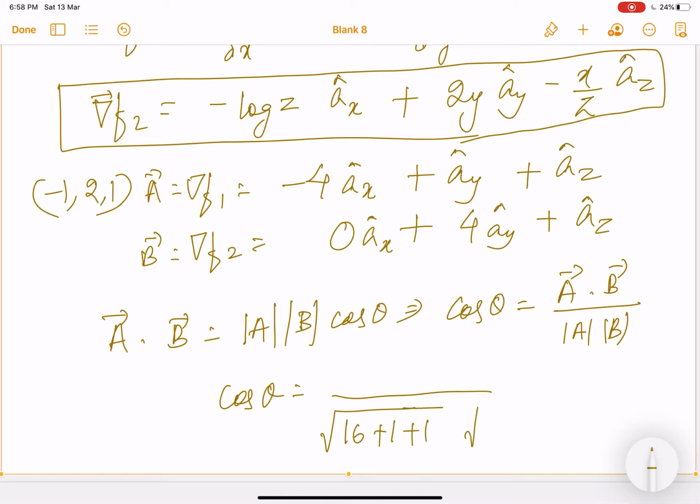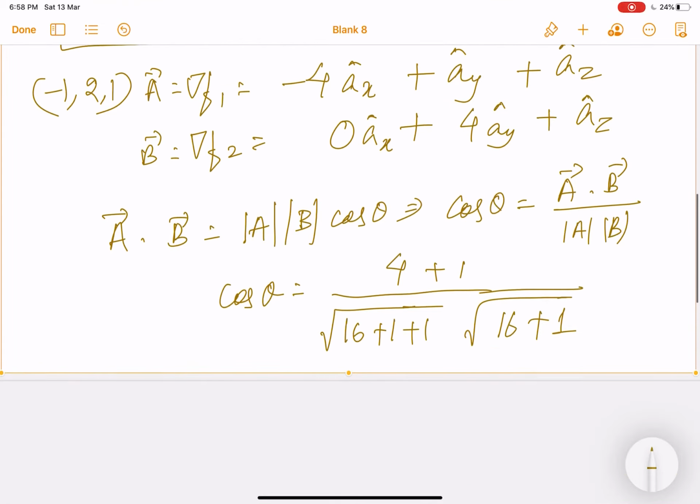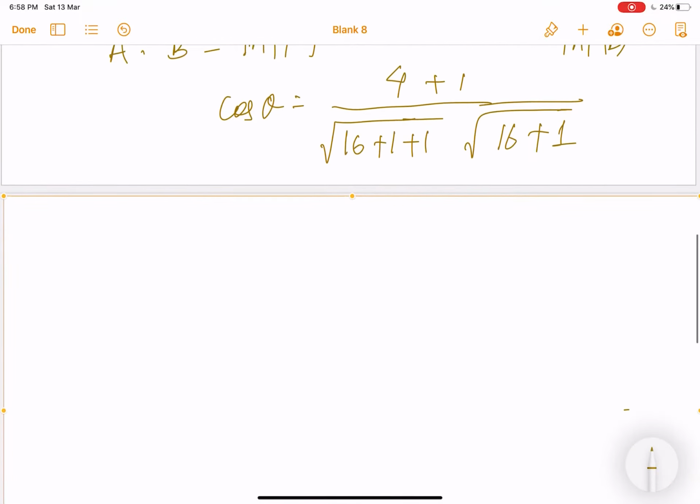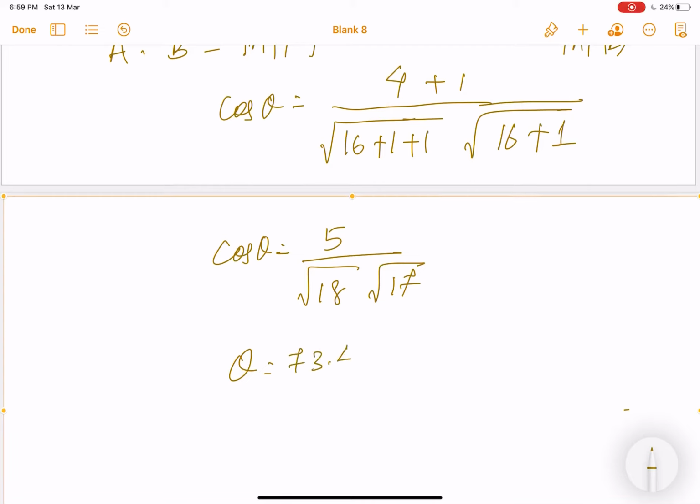The next vector B is root of 16 plus 1. A dot B will be 4 plus 1. So cos theta equals 5 divided by root 18 root 17. If I take out the value of theta, I'll get 73.4 degrees.